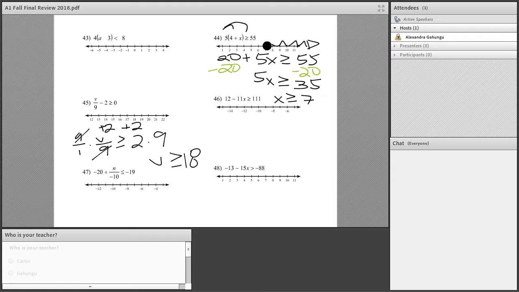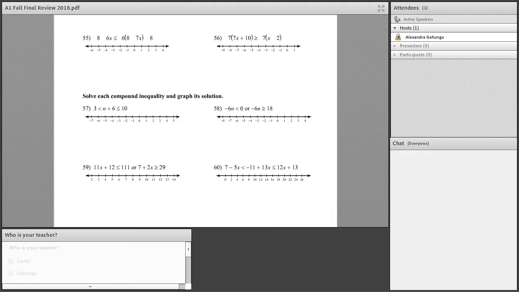So same situation. Closed circle at 18. Oof, that was a big one. Let's go a little smaller. And greater than, so we're shading this way.